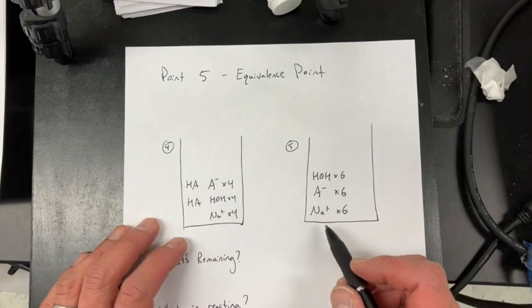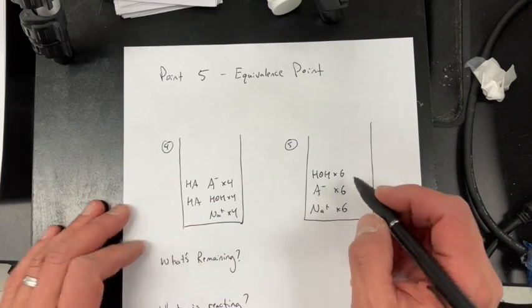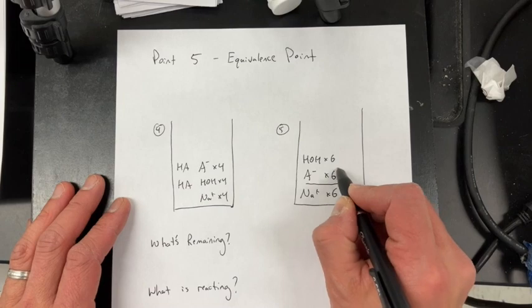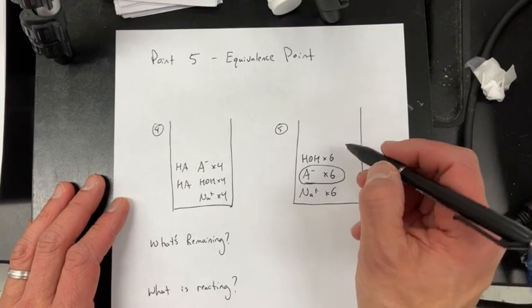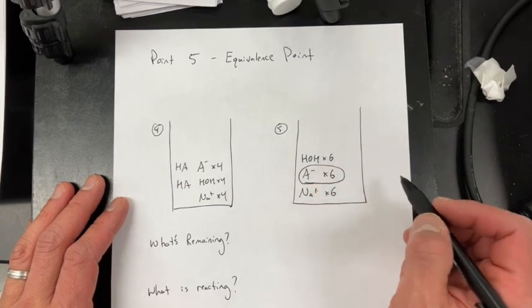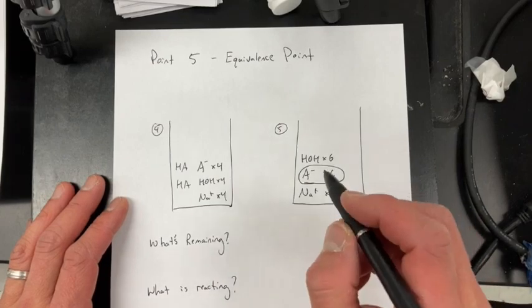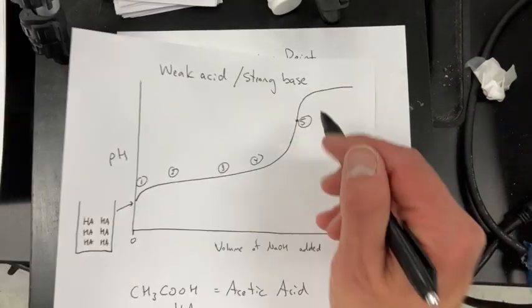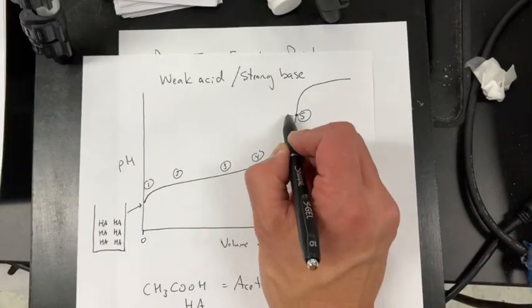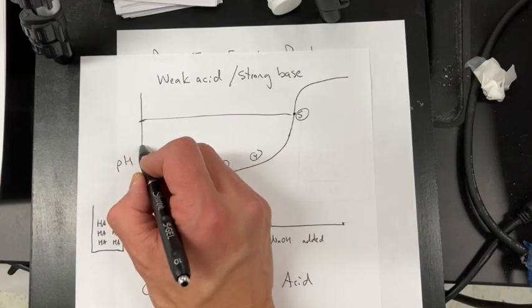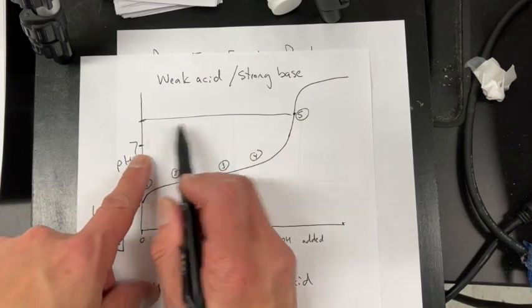Na plus is a spectator. So what's remaining? Well, I have some A negative here. I also have water. And if you recall from the titration, this pH is not at 7. It's above 7.